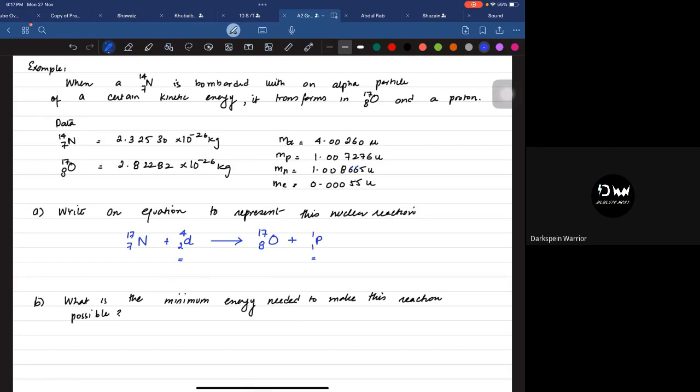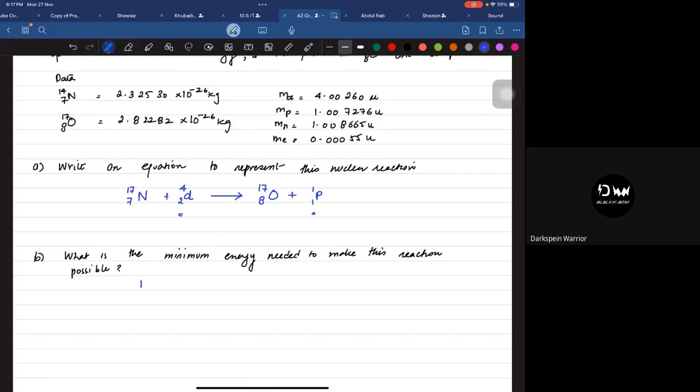Then it says, what is the minimum energy needed to make this reaction possible? First of all, we need to understand that mass energy must be equal, since in nuclear reactions, mass energy is conserved.